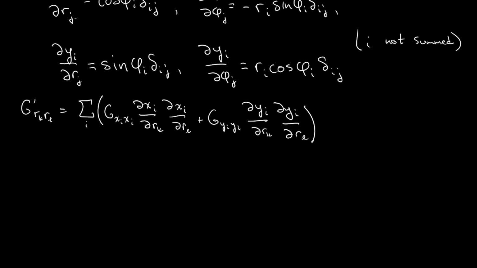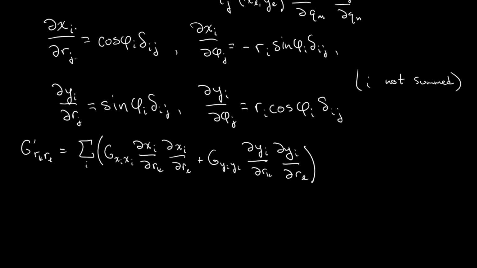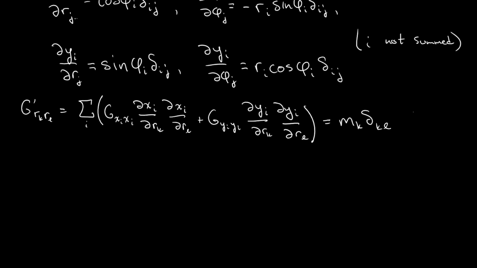Working through the details, feel free to ask if you want me to go through them, but this is all just turning the crank, doing some algebra. And this gives me just m_k delta_kl, where again in these lines I'm not using the summation convention at all. If I'm summing, I write the summation explicitly.